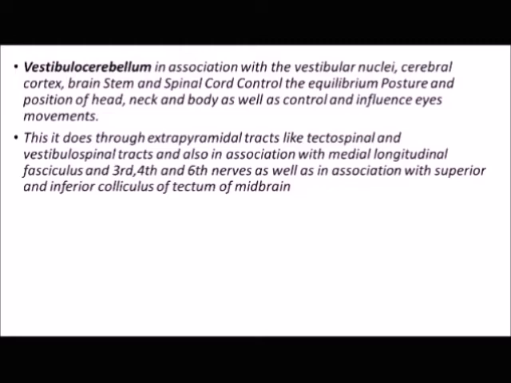This it does through extrapyramidal tracts like tectospinal tract and vestibulospinal tract, and also in association with medial longitudinal fasciculus, also in association with third, fourth and sixth nerves, as well as in association with superior and inferior colliculus of tectum of midbrain.